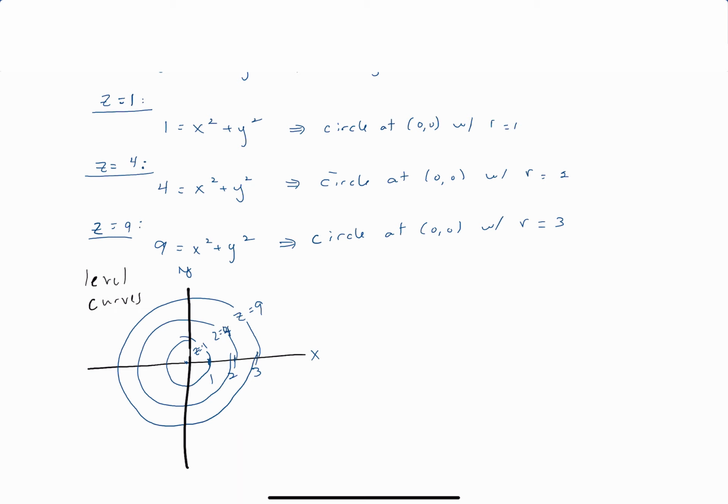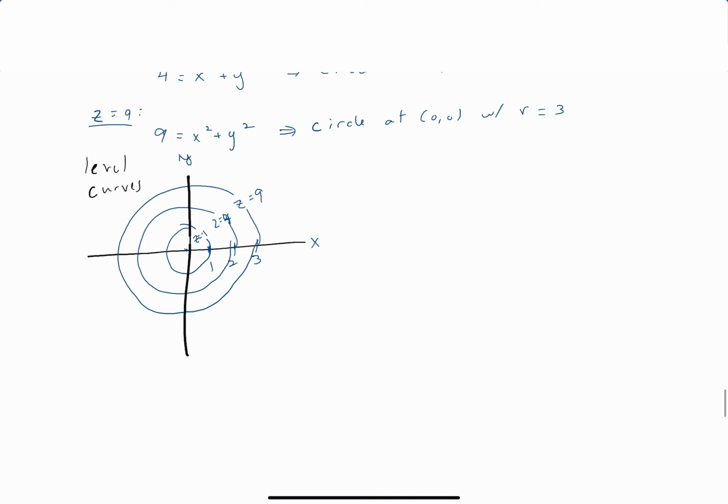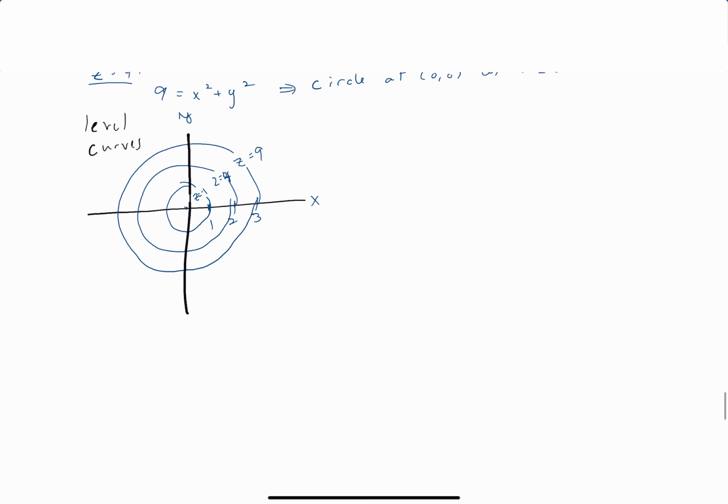Now, if you're good with graphing in 3D and skillful and careful, you can figure out what this shape looks like. But let's face it, graphing in 3D is hard. So there's a bunch of possibilities here. Just because we know that we have circular cross sections doesn't tell us a whole lot. I mean, we could have the upper half of a sphere.